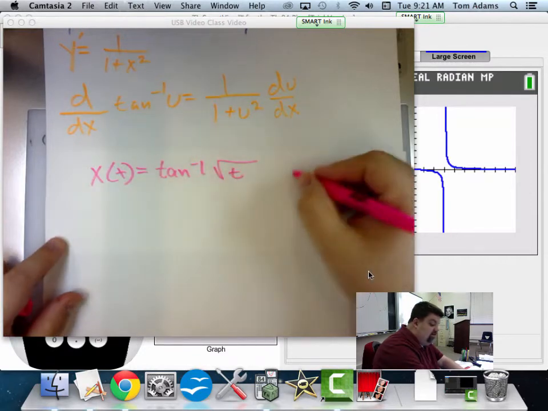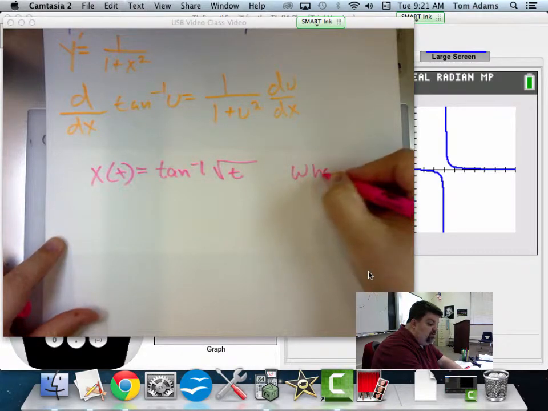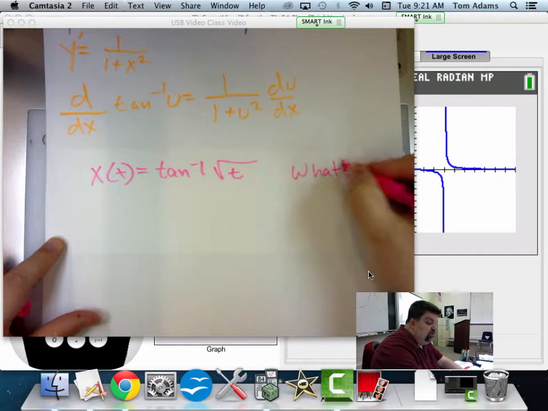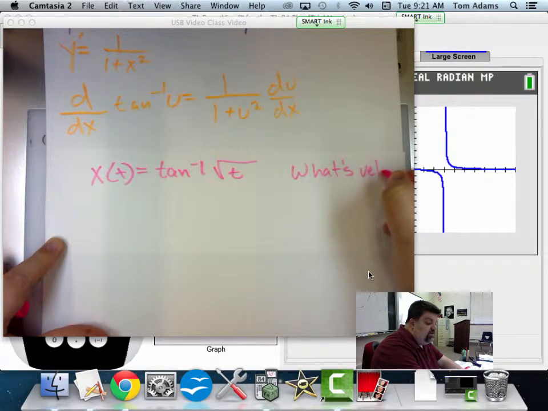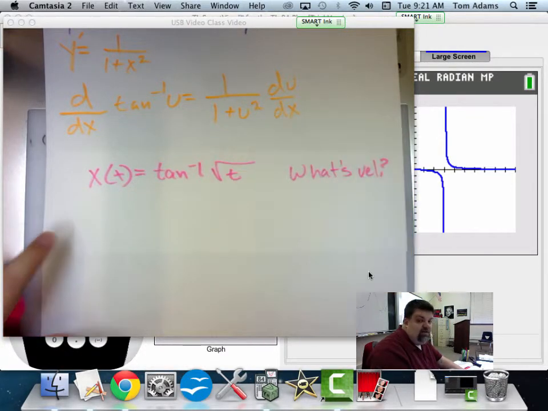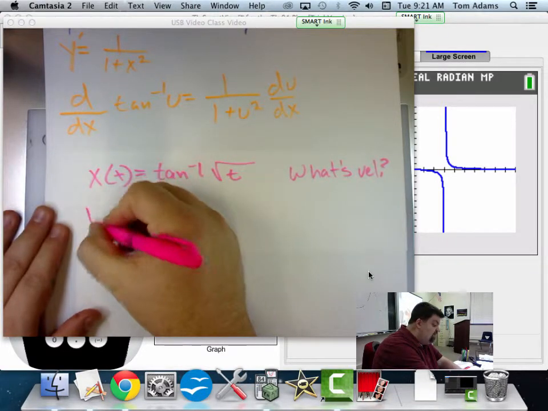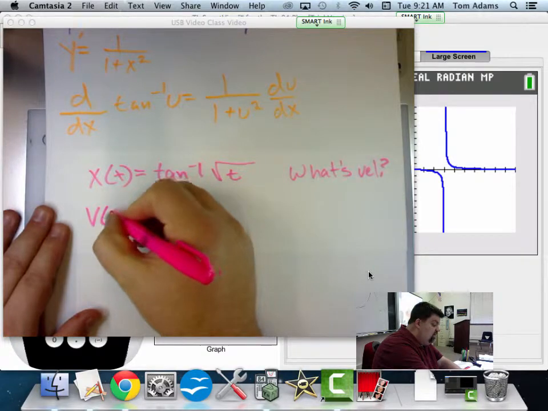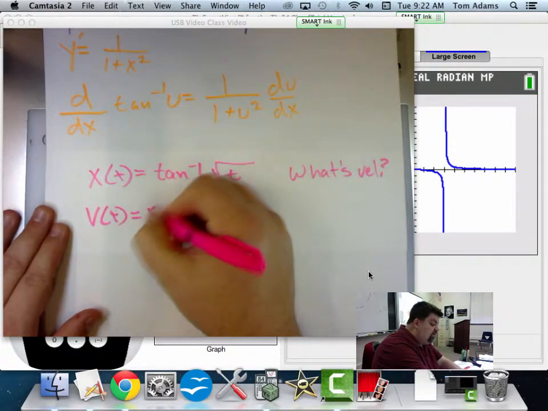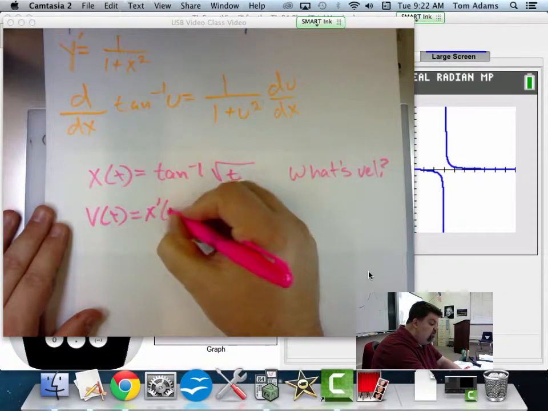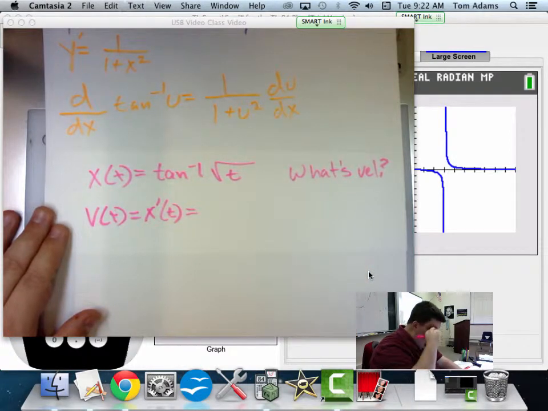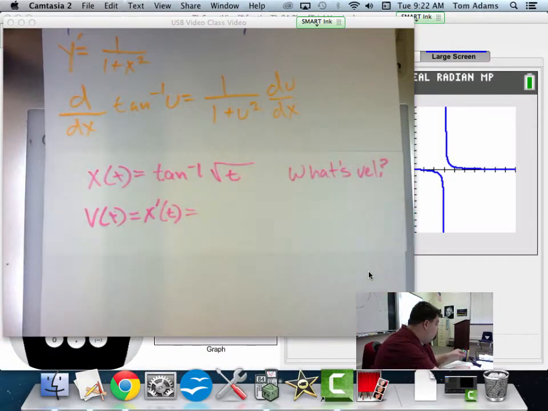What's the velocity? So if this is the position equation and they want to know what the velocity is, how do I find that? Yeah, I've got to take the derivative of that. So the velocity v of t is really x prime of t. So to do x prime of t, I've got to do a couple of things. First of all, we need to establish what is u.